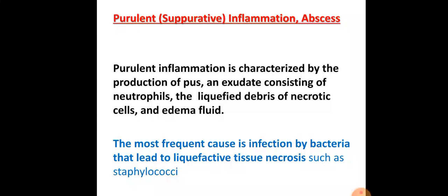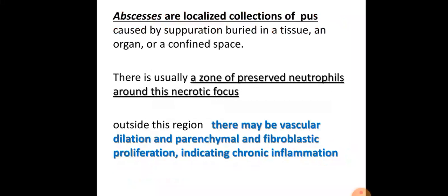The most frequent cause is infection by bacteria that lead to liquefactive tissue necrosis, such as staphylococcus. Some bacterial infections have the affinity to produce liquefactive necrosis in the tissue and lead to the formation of an abscess. A good example of this is staphylococcal infection.